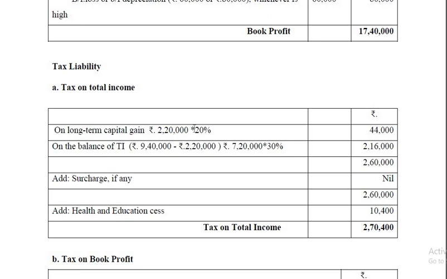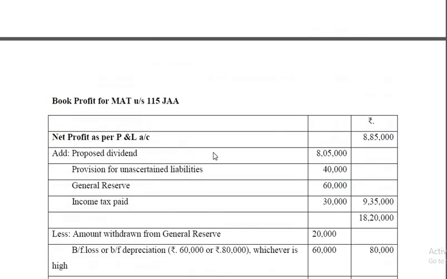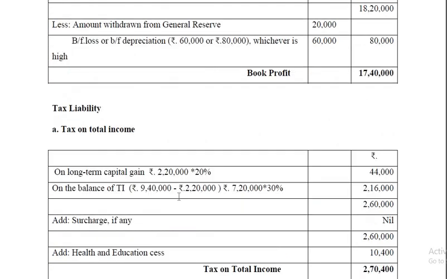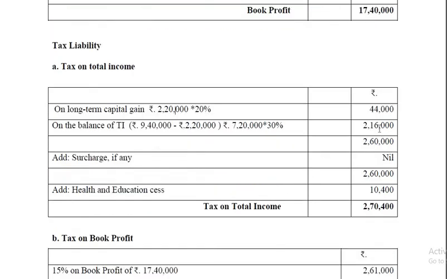So on 2,20,000, straight away at the rate of 20%, a special rate applicable. Then on the balance of total income, 9,40,000 minus 2,20,000 leaves 7,20,000. On that, you have to apply 30%, as it is a domestic company. That comes to 2,16,000.